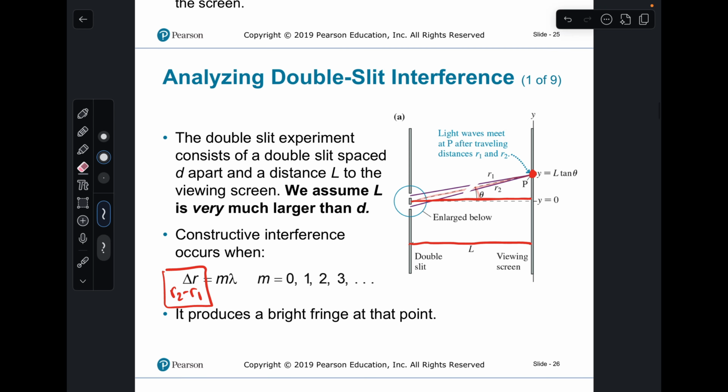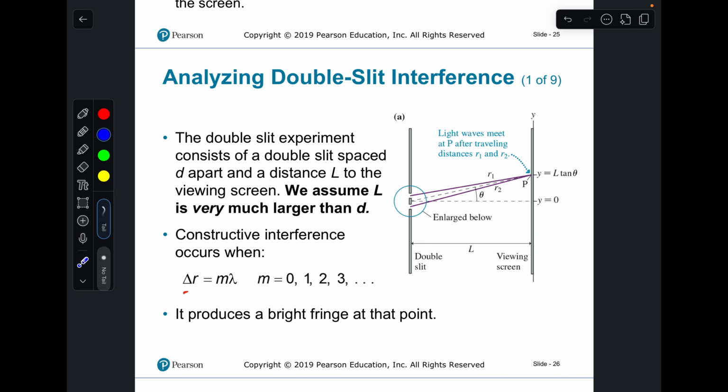So this is the geometry that we're going to use in order to determine if we have constructive or destructive interference. So the geometry is centered around our slits and our screen being a distance L away from each other.